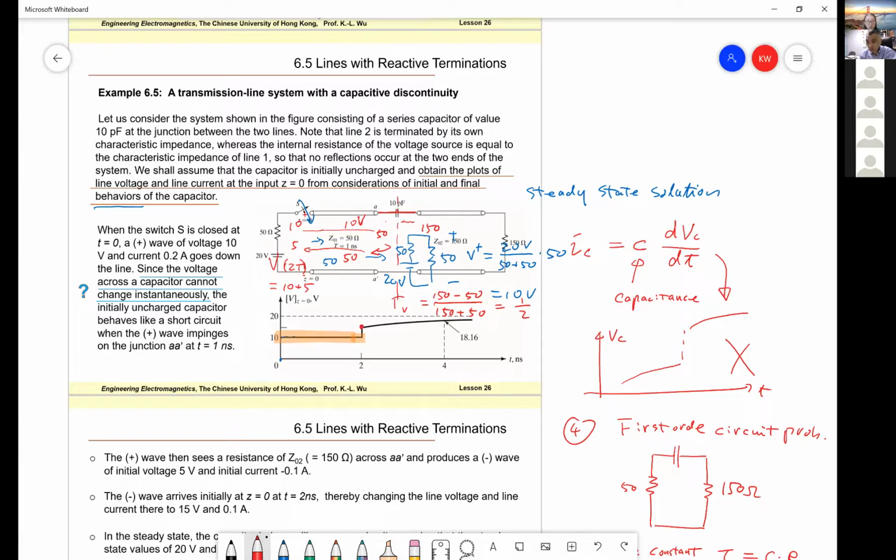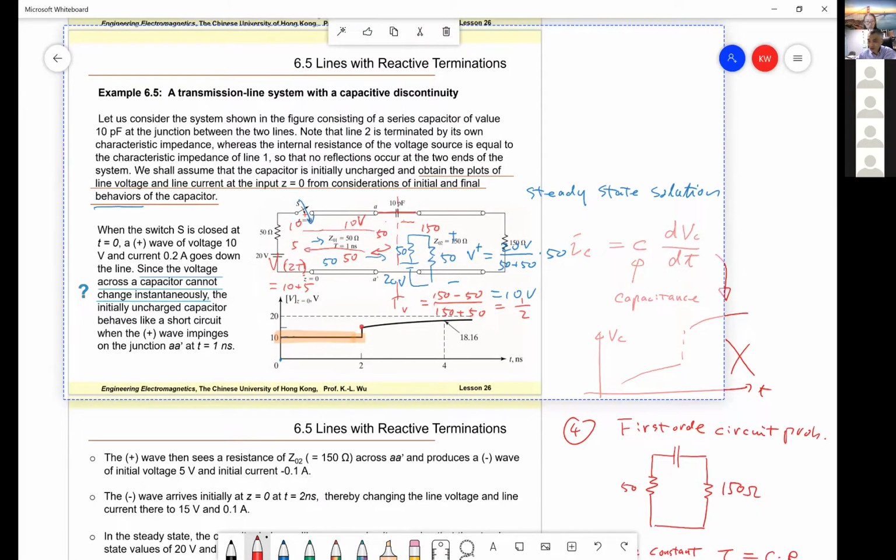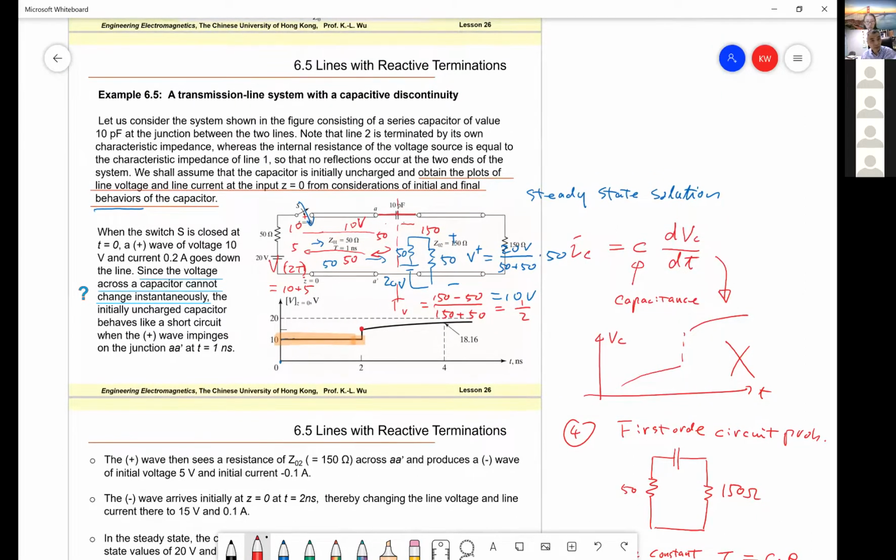The voltage across here can jump. I said the voltage across the capacitance cannot jump, because it should be continuous. But the voltage across the source, here, can jump, from 10 to 15.